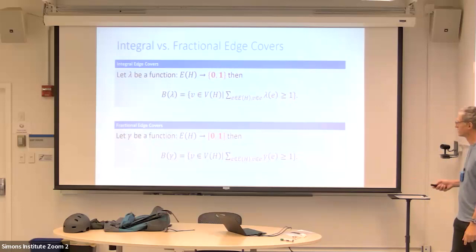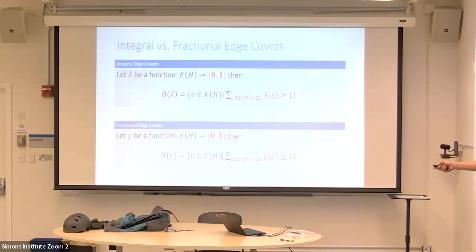And of course then we can drop this integral condition, which was done by Grohe and Marx in their SODA paper 2006. They said, let's look at fractional edge covers. So it's exactly this idea, but now a fractional edge cover may assign a non-negative real value, rational is enough, between 0 and 1.